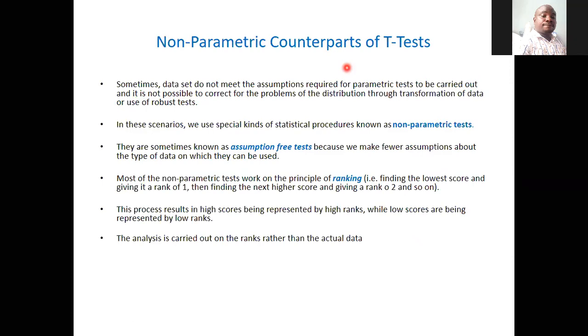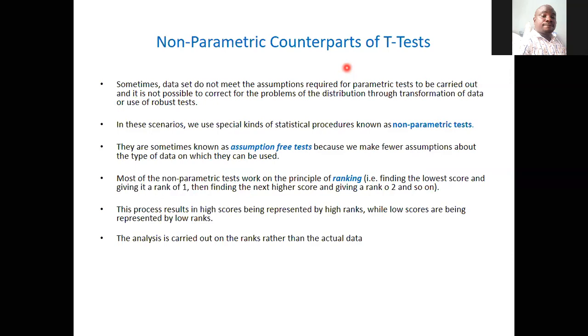They are called assumption-free tests, because we say there are some assumptions around using parametric tests. So when those assumptions are not met, there are some tests that don't need assumptions. These are non-parametric tests, and you can also call them assumption-free tests.